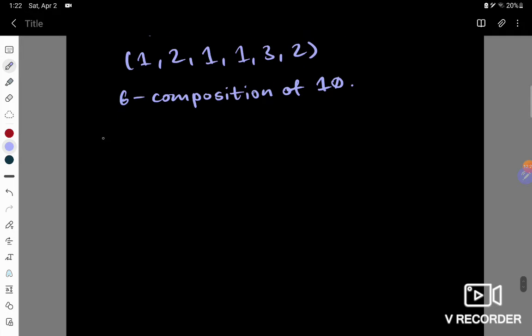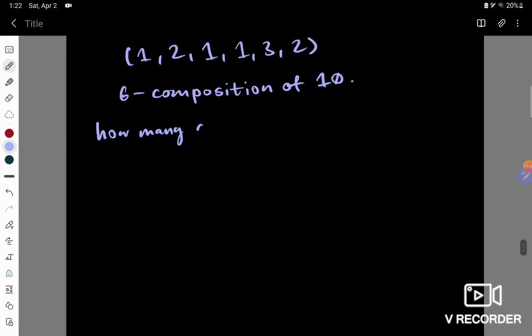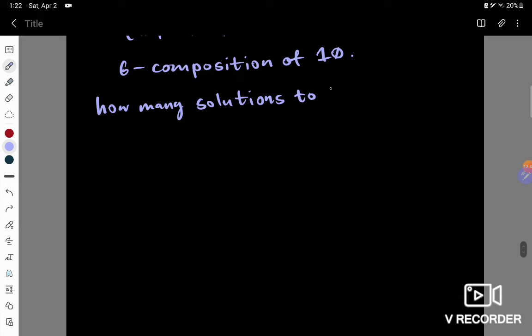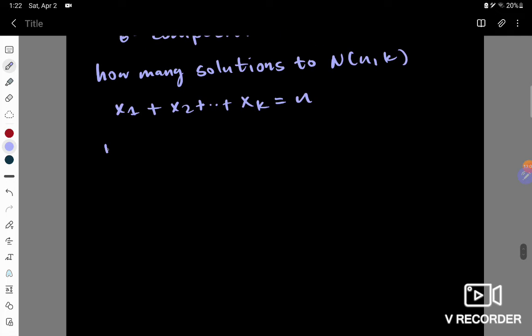So how many solutions are there to, let me write, N(n,k), not to be confused with the one from the previous part: x1 plus x2 plus, sorry, let me use xk, equals n in non-negative integers.